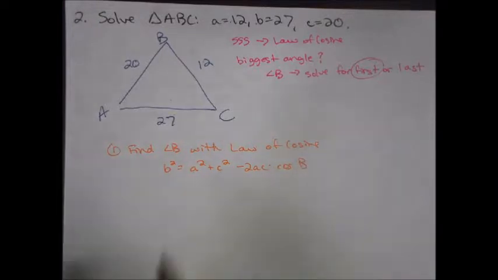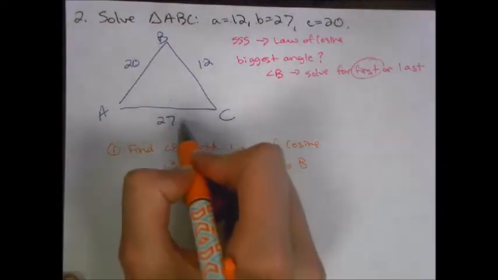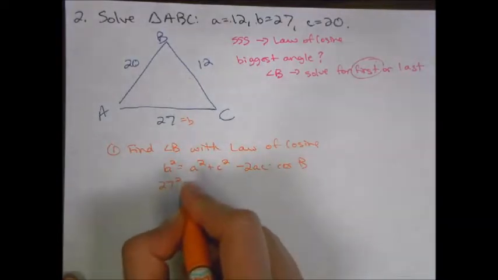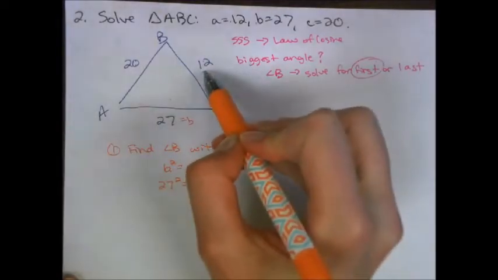Now let's plug things in. Little b, this is little b, 27 squared equals, what's little a? Little a is 12.